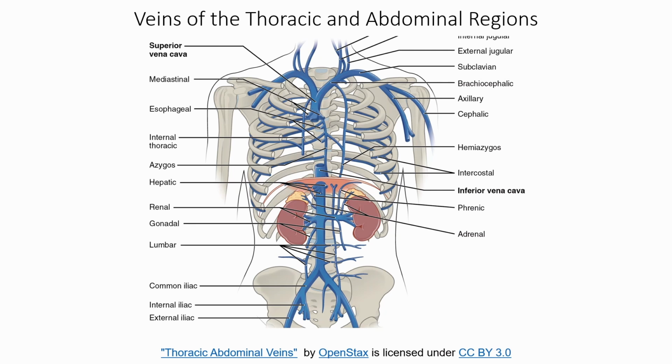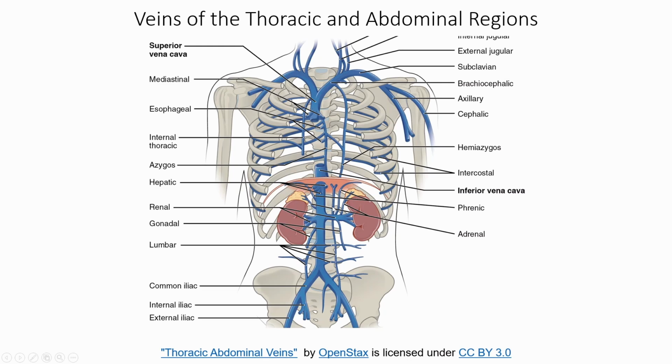If we look in the thoracic and abdominal region, right, we have the esophageal, we have the internal thoracic, and then the azygos, which runs down this way, kind of down back along the vertebra. The hemiazygos, which runs like to the side of that. The phrenic, which runs along the bottom side of the diaphragm.